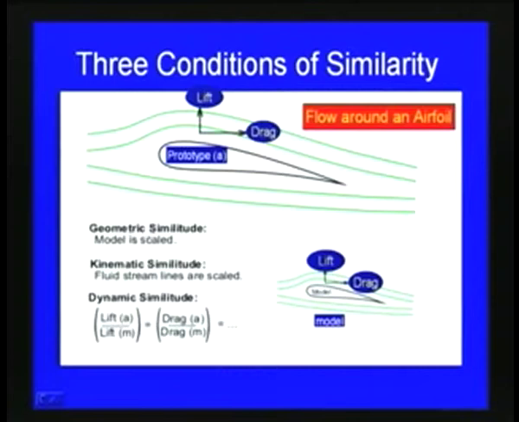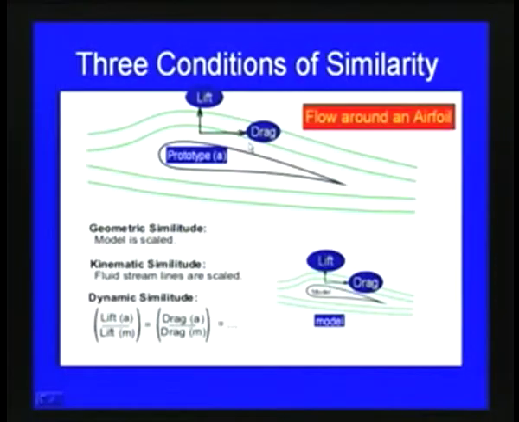So, in geometric similitude the model is scaled accordingly. The second one is the kinematic similitude, where the fluid streamlines are scaled. You can see in this figure, with respect to the prototype and the model, that the streamlines are also scaled. Accordingly we can say that kinematic similarity is met.